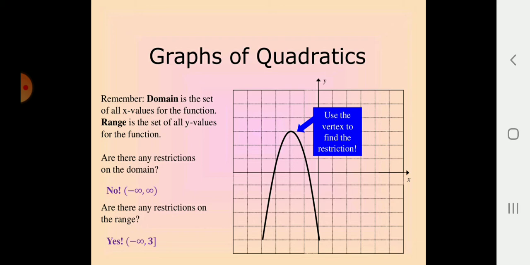Again, the domain is the set of all x values, and the range is the set of all y values for the function. Are there any restrictions on the domain? No, so negative infinity to positive infinity. Are there any restrictions on the range? Yes, so negative infinity to 3. Use the vertex to find the restrictions.